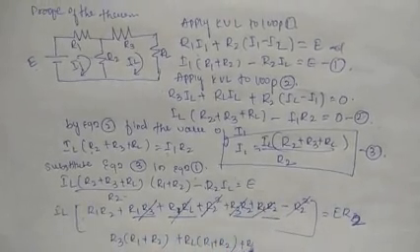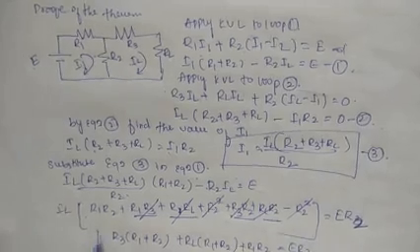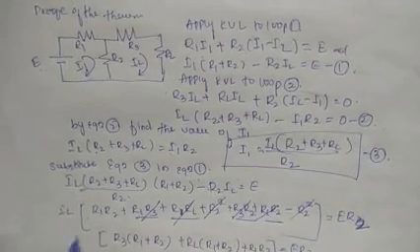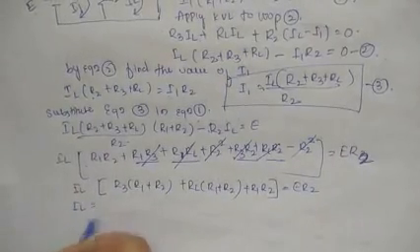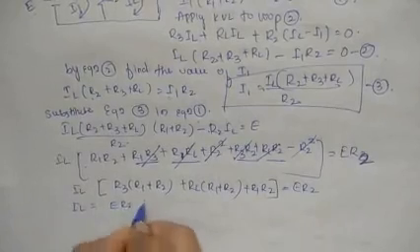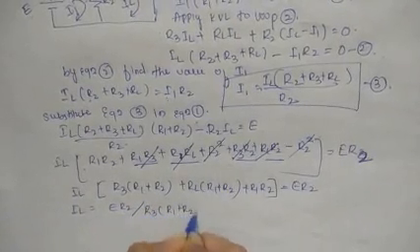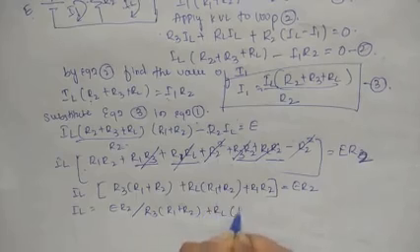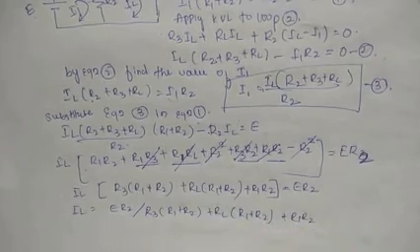R1 plus R2 into R2 equals E R2 into IL. IL equals E R2 divided by R3 R1 plus R2 RL plus R1 R2. Right?